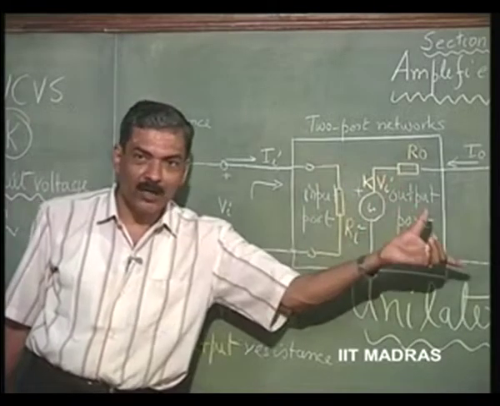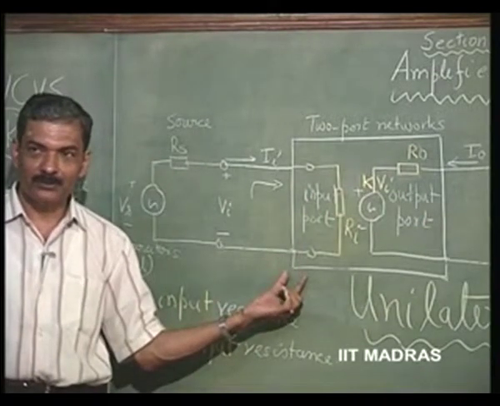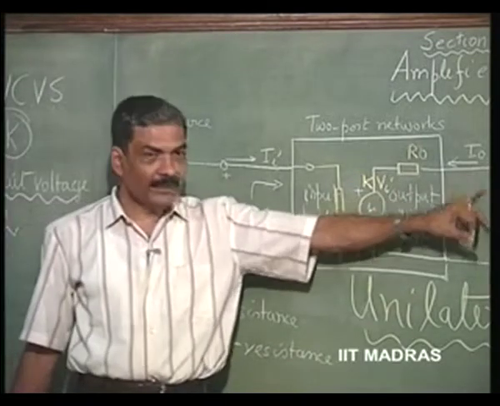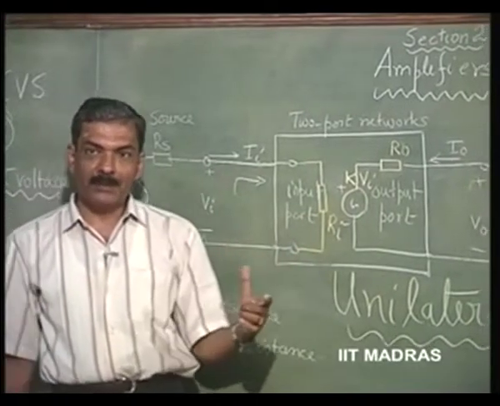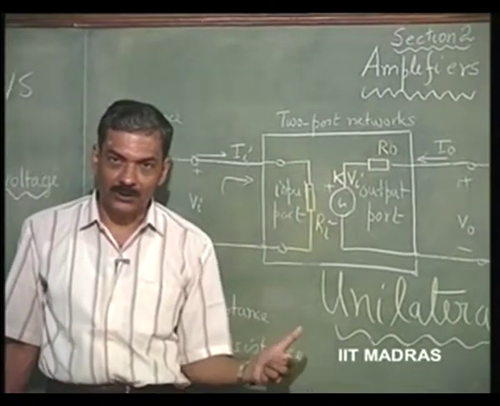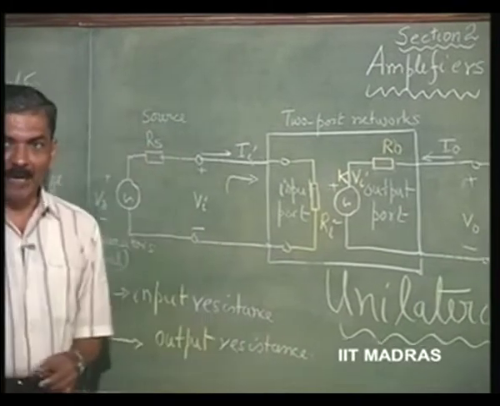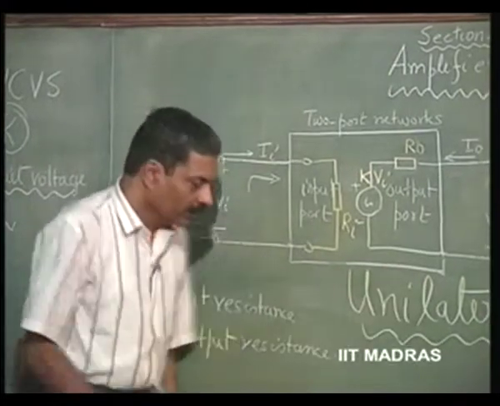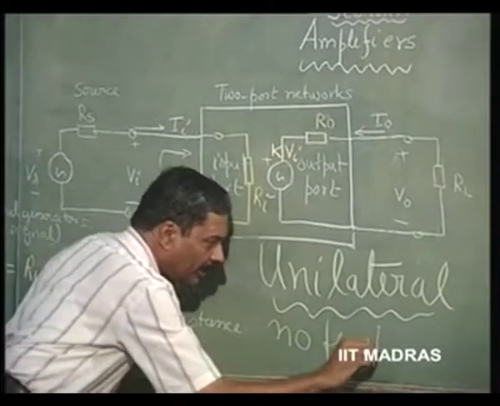What is at the output is fed back to the input port. So, if there is some effect due to V naught or I naught at the input port, that has to be represented as a voltage or current source, and that is called feedback. And in a unilateral circuit, there is no feedback.